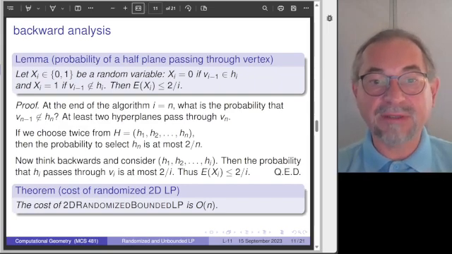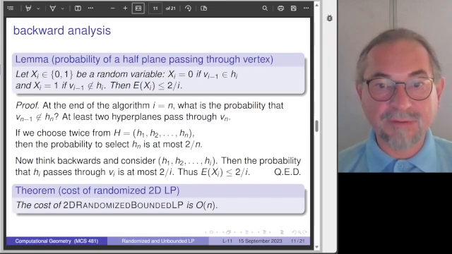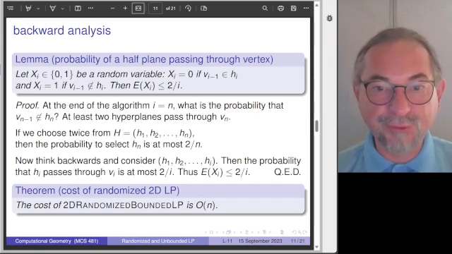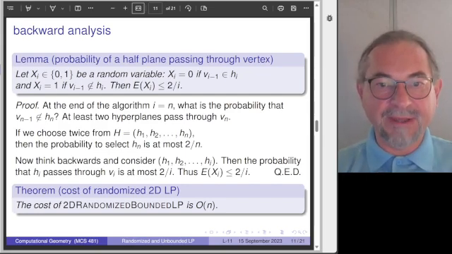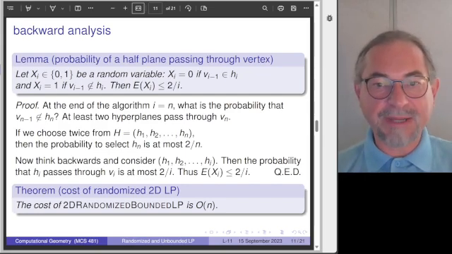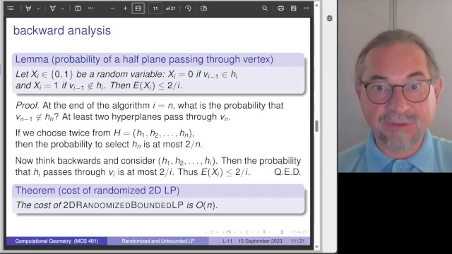Well, we need to have at least 2 hyperplanes. So this is where the numerator comes in. The denominator comes in if we have the selection. So what is the probability of any of these half planes? Well, it's 1 over n. And this gives us this 2 over n.